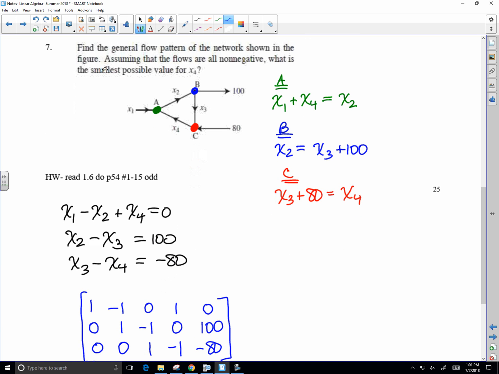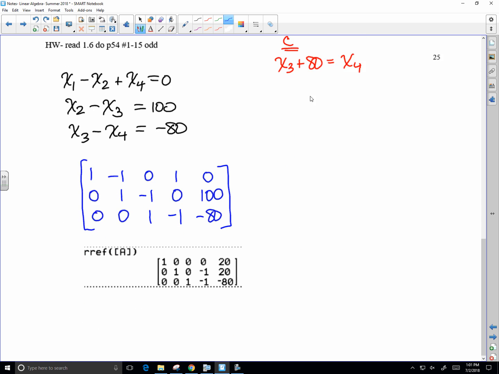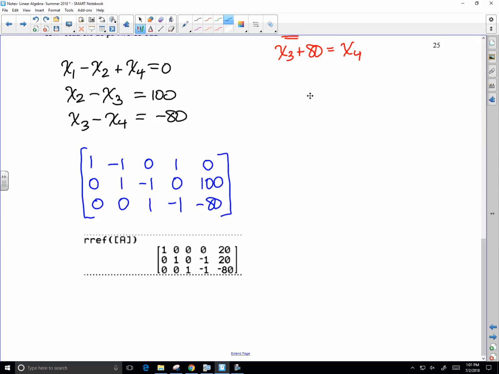All right, so again, it's a general flow pattern, so not necessarily expecting complete numerical answers, but we'll see. So I'm going to have x1 equal to 20, x2 minus x4 is equal to 20, x3 minus x4 equal to negative 80.